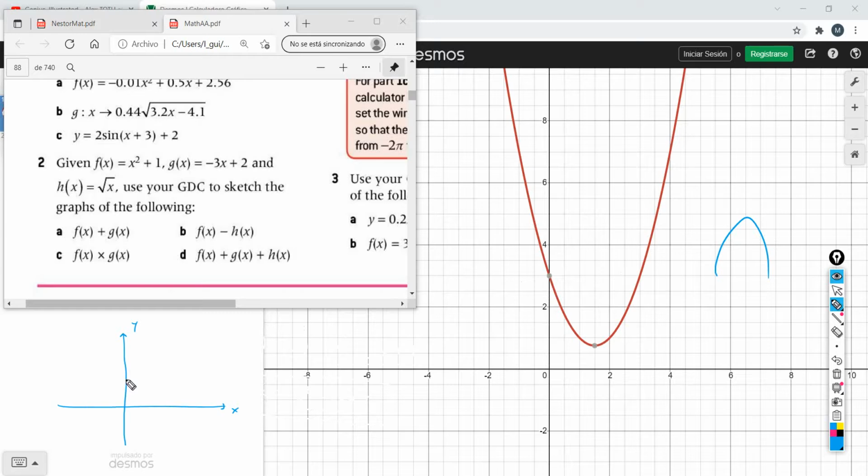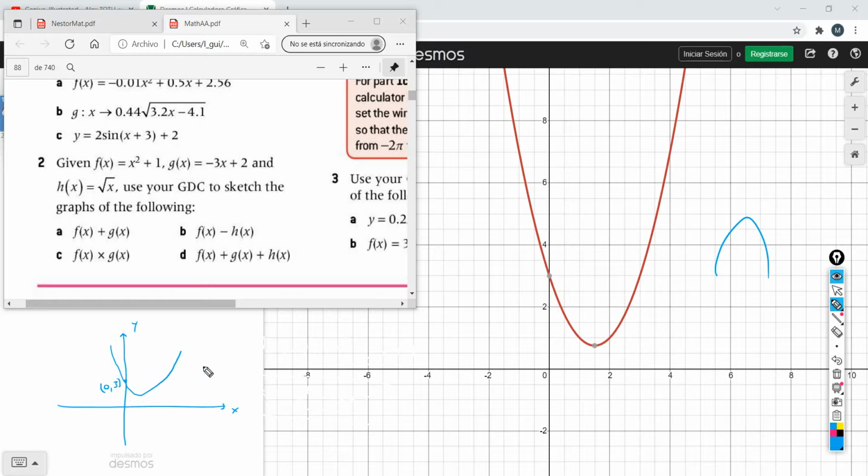So you have to highlight this point, make the parabola go through that point, and just write the coordinates of that point of the intersection with the y-axis. This has no intersection with the x-axis, and pretty much, this is it, guys.